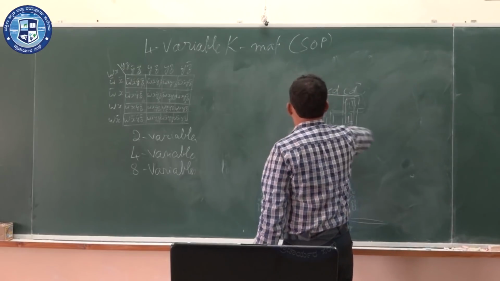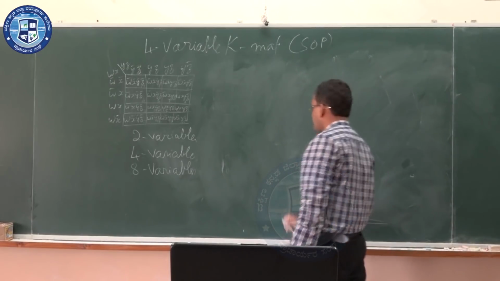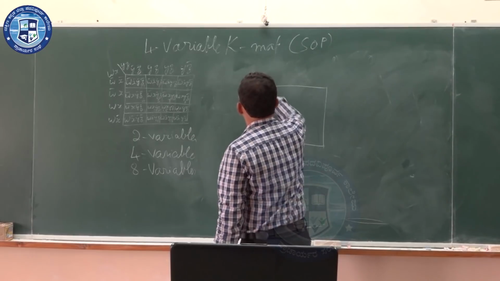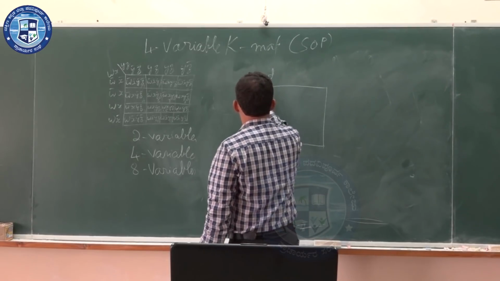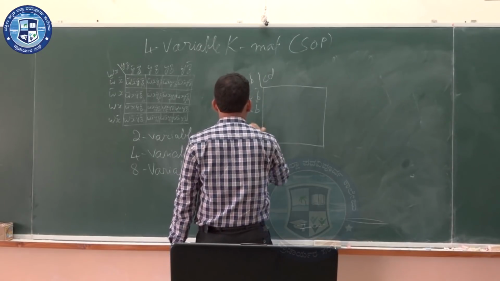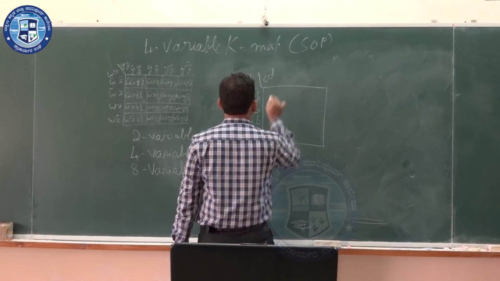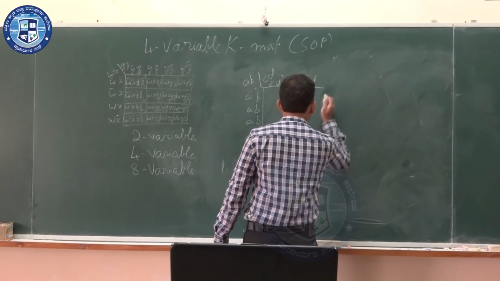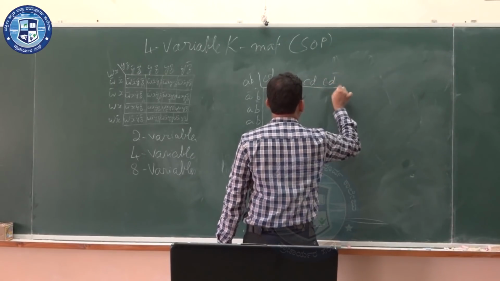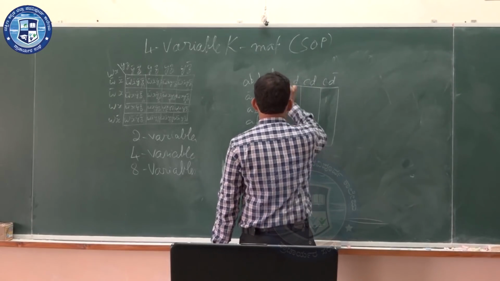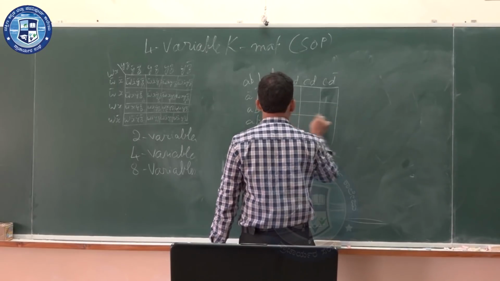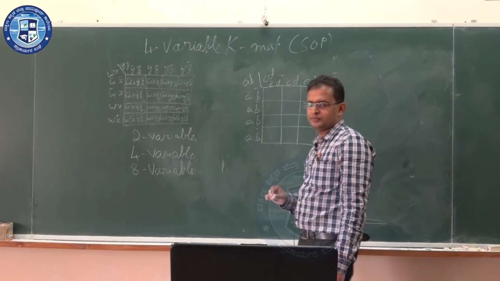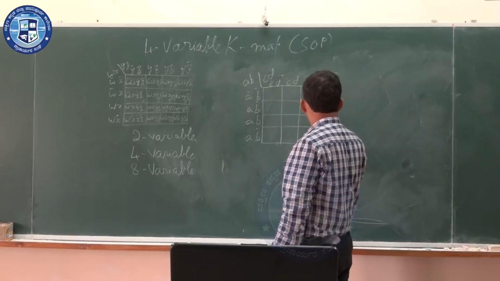In the roll map, I have a K map, say I have here in this case 1 here, 1 here, 1 here, 1 here.